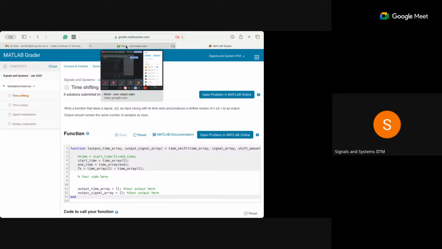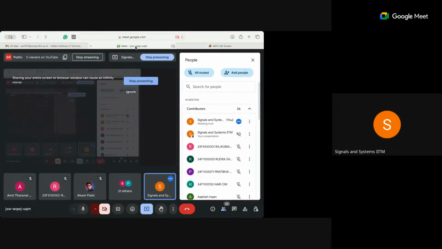The deadline for each assignment will have a time window of 2 weeks. If at all there is any change, we will let you know. As of now, the tentative dates are like this. Is this okay?